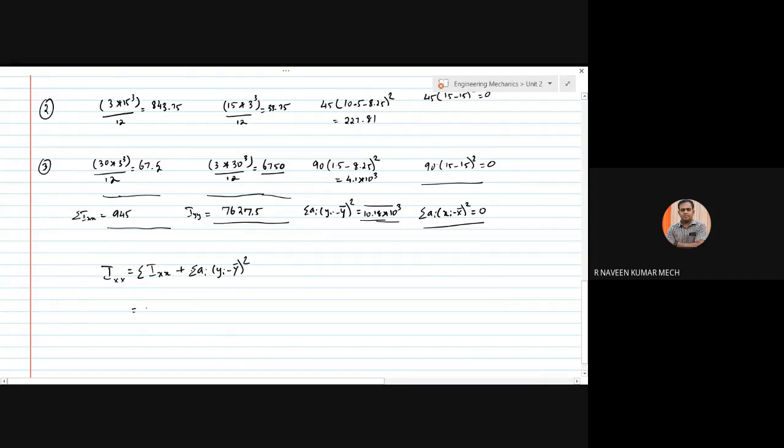Now we know the value of small Ixx is 945. The Ay value is 10.18 into 10 to the power 3. So we get the value 10.96 into 10 to the power 3.